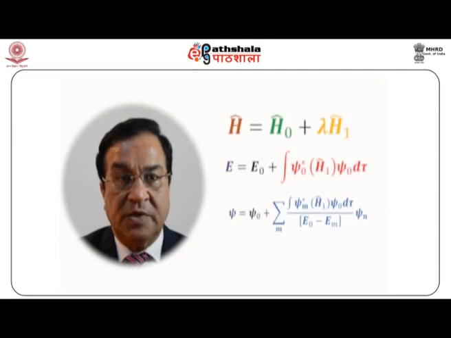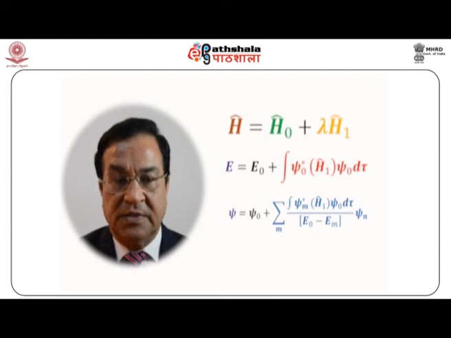H cap is equal to H0 cap plus lambda H1 cap, where lambda H1 cap is the perturbation term of the Hamiltonian. Then the total energy E is equal to E0 plus the integral of psi 0 star H1 cap psi 0 d tau. The second term is the first order correction to the energy.